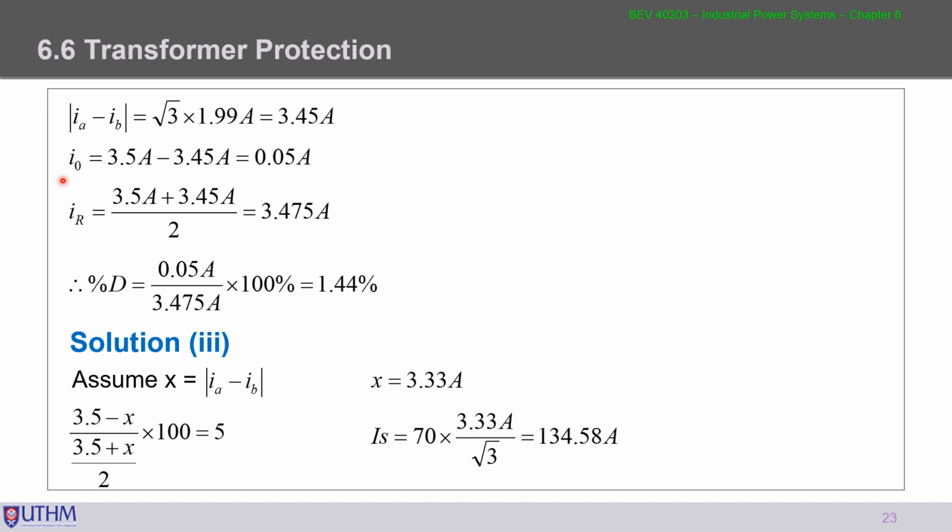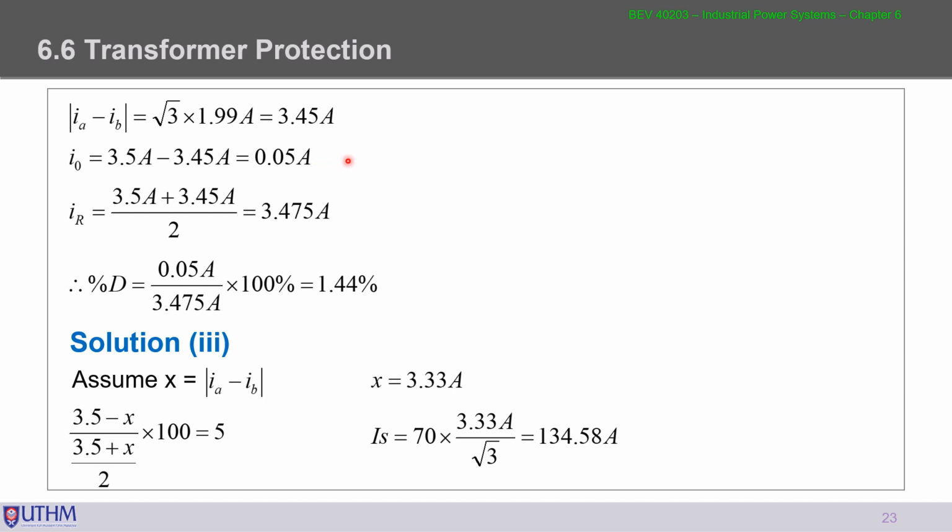IO is the I operating of the relay. IO is the difference between the primary side and the secondary side of the current transformer. So we get 0.05. This is the difference between the current transformer value at the primary and the secondary side.